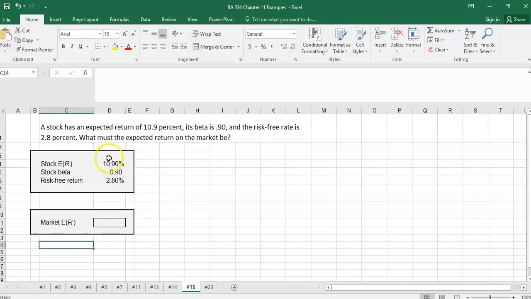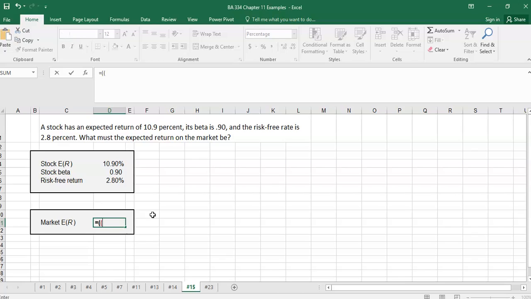In this example, we have the stock expected rate of return, the beta coefficient of the stock, and the risk-free return rate for treasury bills. And we want to solve for the market return. So we rearrange that equation again.